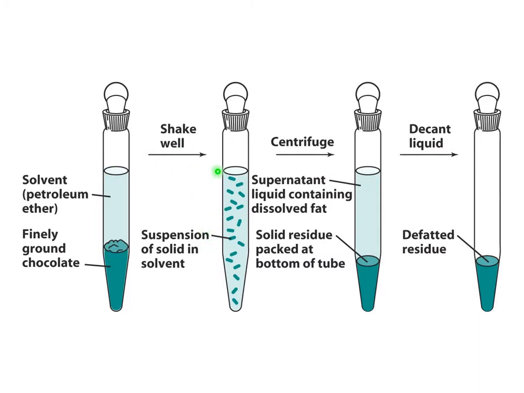Now, cocoa butter will dissolve in petroleum ether. Alkaloids and sugars will not. So after this centrifuge, we'll have solvent with dissolved fat and solid residue of sugars, alkaloids and other material on the bottom of the tube. So we'll have defatted residue on the bottom.